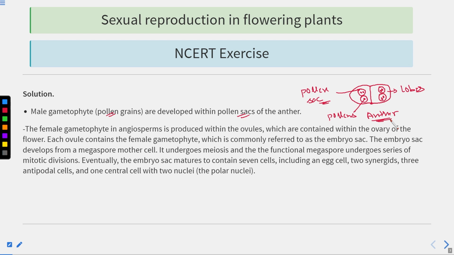So what happens here? The pollen mother cell, also known as the microspore mother cell, undergoes meiosis to form a tetrad. And then what happens? All these microspores then mature into the pollen grains. Clear? So what is happening here?